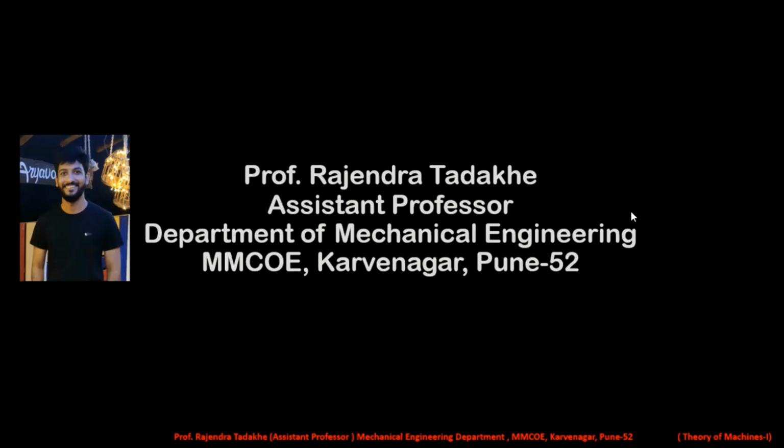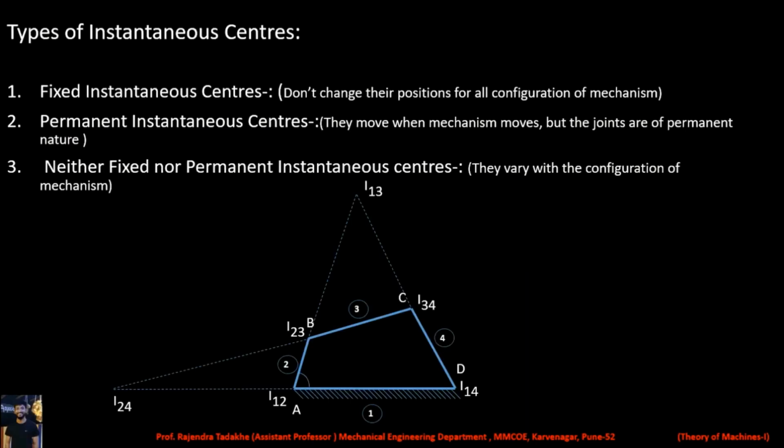Then after this, we have seen the different types of instantaneous centers. Those are fixed instantaneous center, permanent instantaneous center, and neither fixed nor permanent instantaneous centers. These are the three different types we have seen. Then we have seen how to calculate the total number of instantaneous centers for the given configuration.